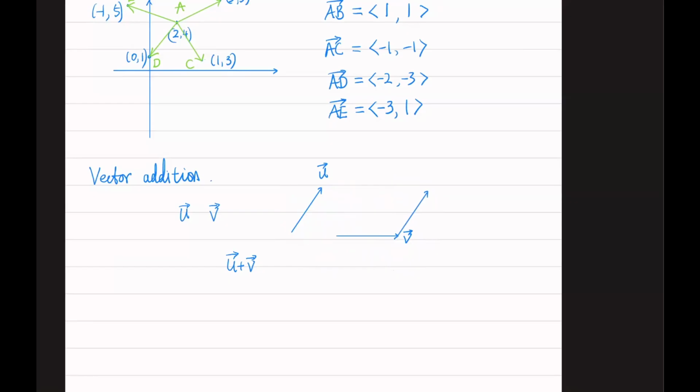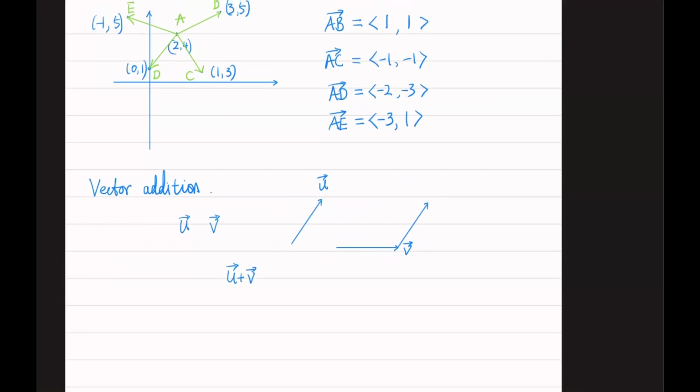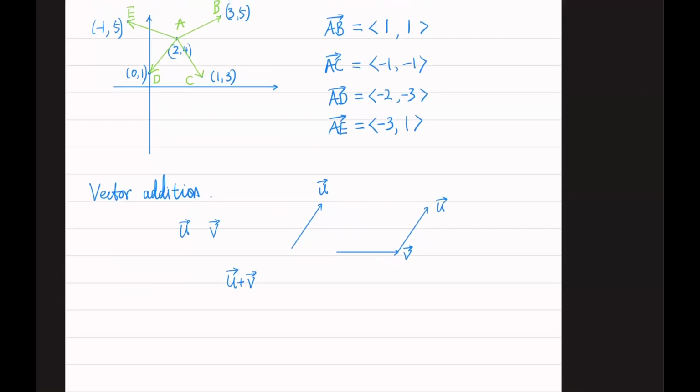So this is also u. Then the summation will be, we use the free starting point, free ending point. Okay, this is called the triangle method.